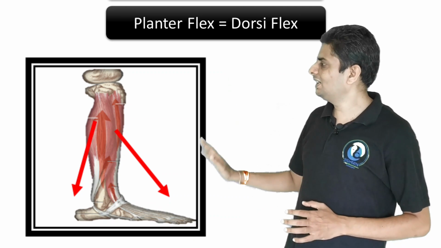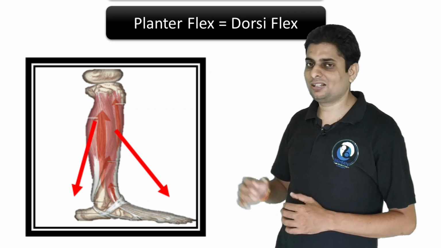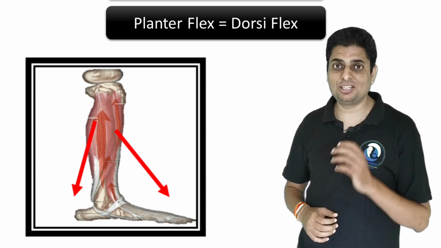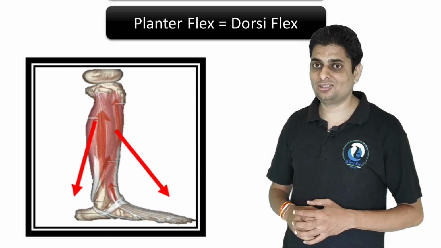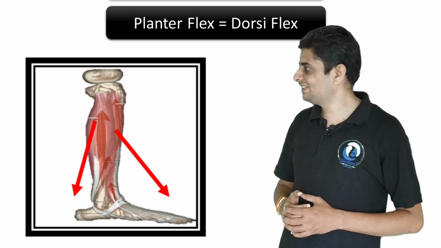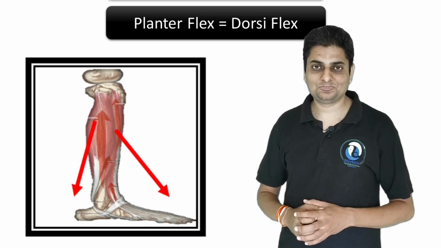And this vertical alignment actually depends on dorsiflexors and plantar flexors, but a few other groups are also there that have the potential to affect this. That is, tibialis posterior as well as your toe flexors and extensors.